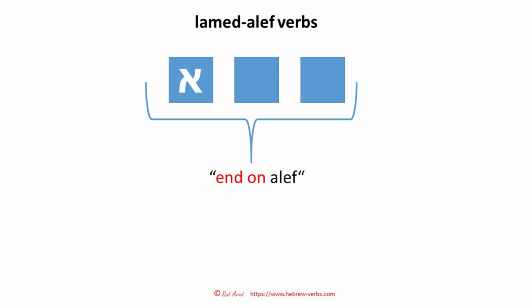Well, if you take a grammar book, they will talk about Lamed Aleph verbs. You can just exchange end on with Lamed. This is what it means. It only means that we have Aleph on the third root position. Instead of number 3, we are using the name of the letter Lamed. That's all it is about.